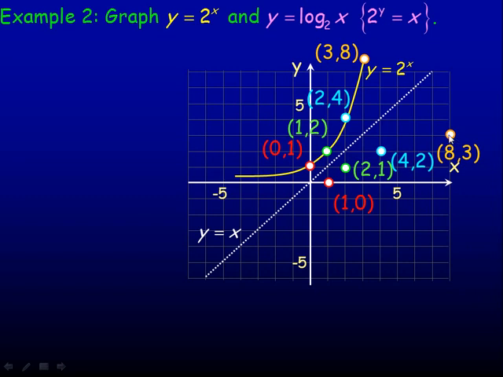So that's the point 8, 3. And if we draw a smooth curve through them, that's what that inverse looks like. So that's actually the graph of y equals the logarithm of x base 2. Notice that it has the same shape as the exponential function, except they're reflections of each other in the y equals x line. So that's what the graph of a logarithmic function looks like.